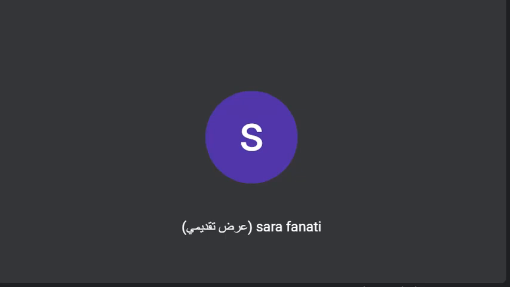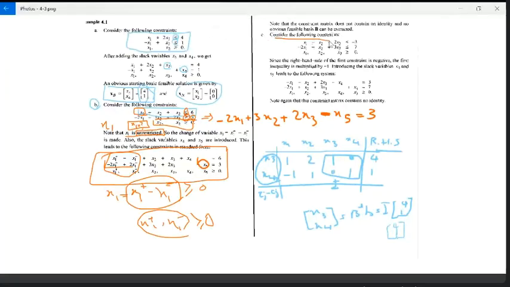Okay, consider the following constraints: x1 plus x2 minus 2x3 less than or equal to -3, minus 2x1 plus x2 plus 3x3 less than or equal to 7, and x1, x2, x3 greater than or equal to 0.